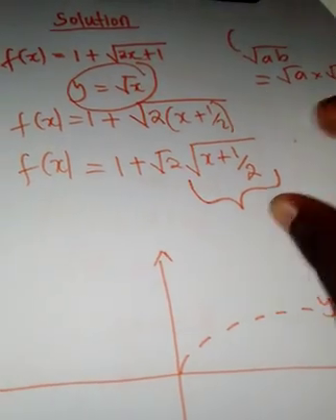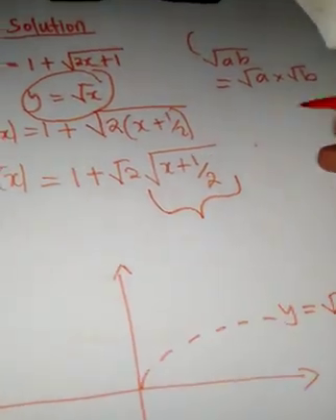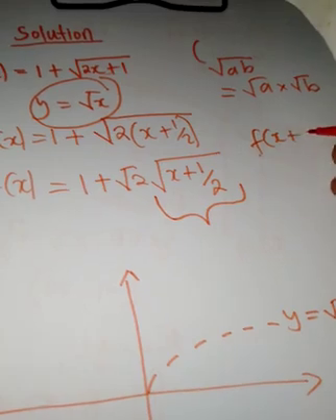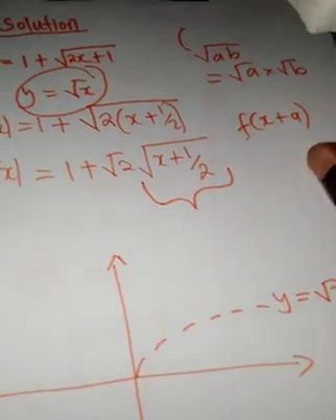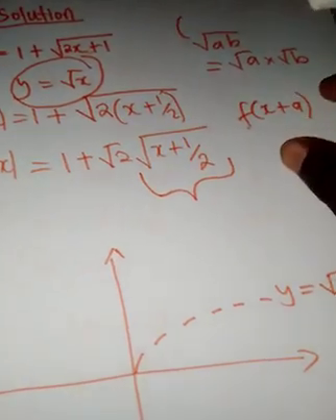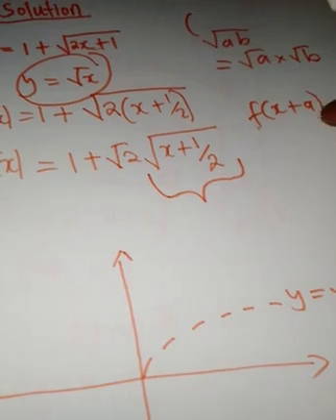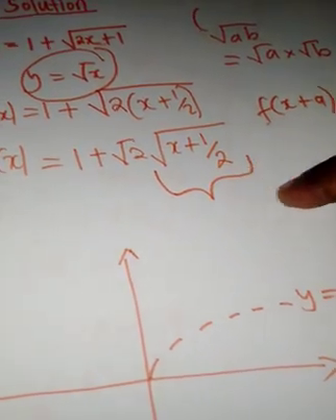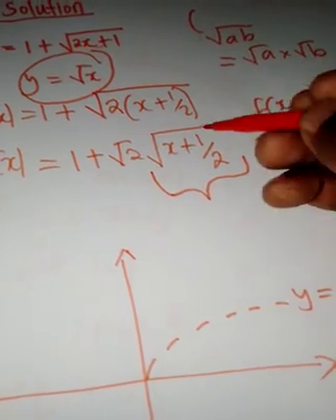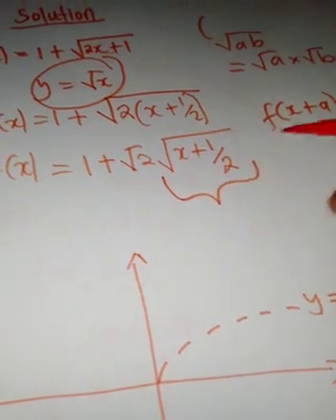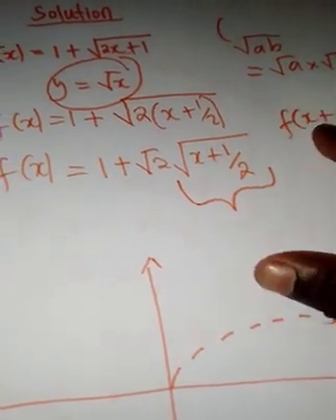So we know that when we apply f of x plus a like that, this is actually a horizontal translation of negative a, meaning that whatever you have there should be multiplied by negative 1, or simply equate what you have there to 0 and solve for x. So meaning x there will be negative 1 over 2.